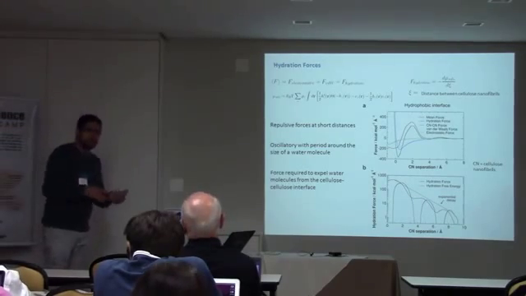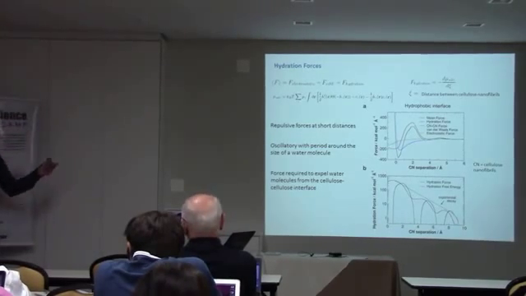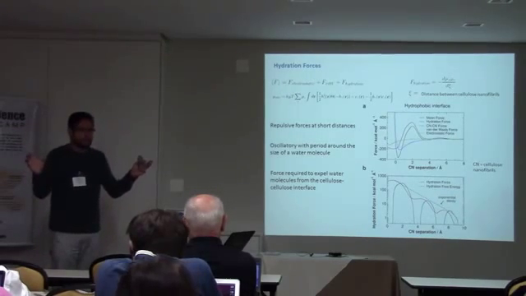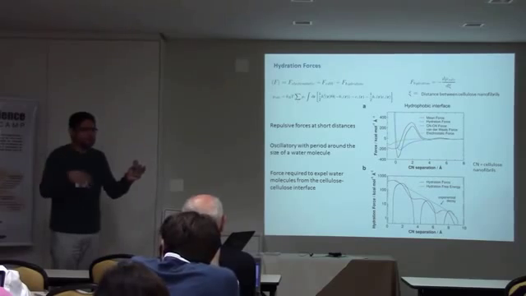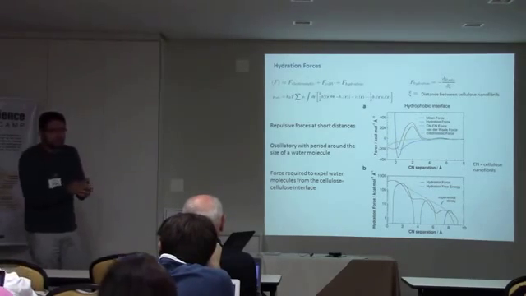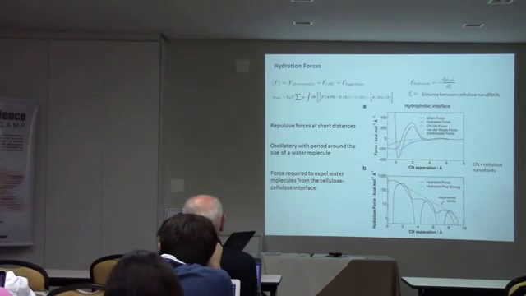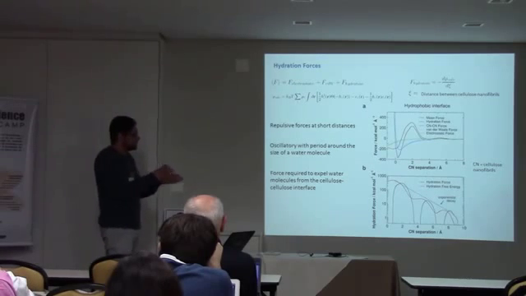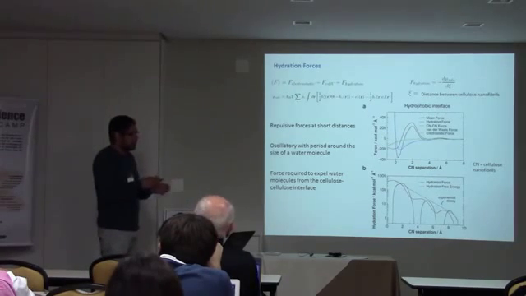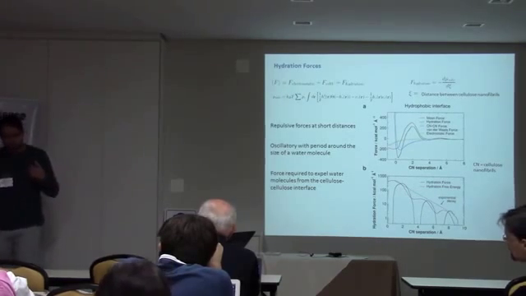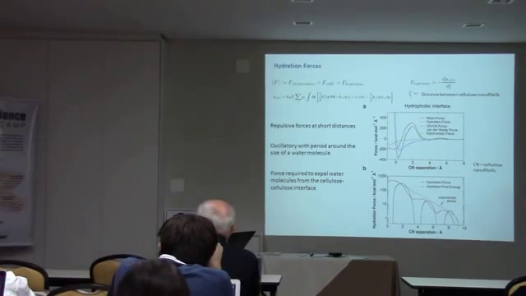So what's happening here is that when we bring two cellulose fibers together, the hydration structure, the hydrogen bonding structure, must be disrupted as they approach each other. And the water structure between the two cellulose fibers is also periodic, right? That's why we have this oscillating behavior.